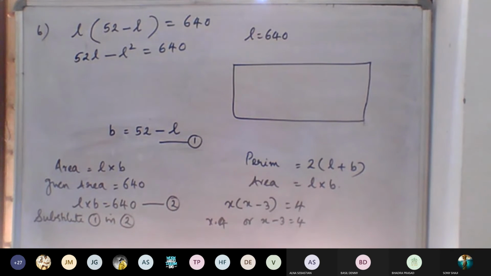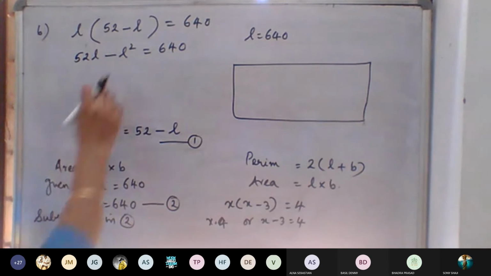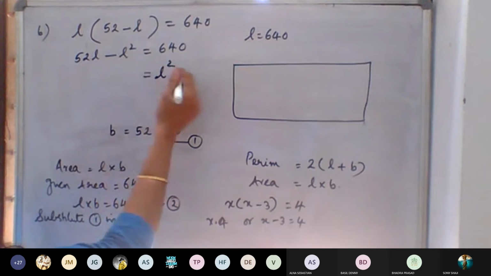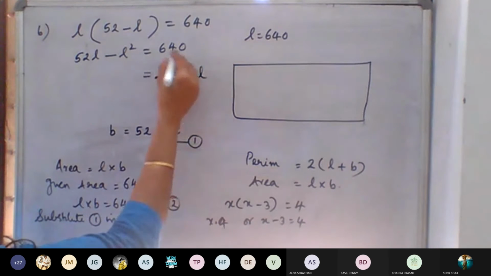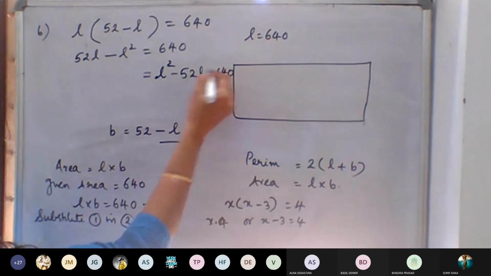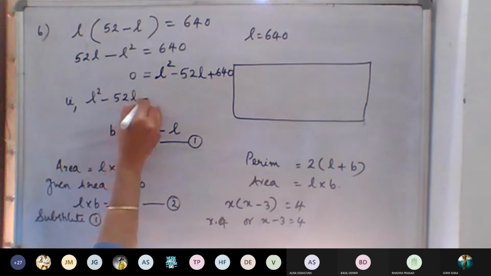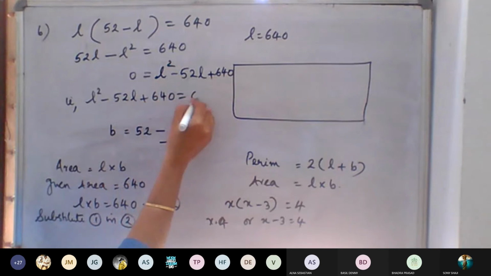So L square, we can take to the right side, then it will become positive. Negative L square, we need positive L square. So L square minus 52L plus 640 is equal to 0.